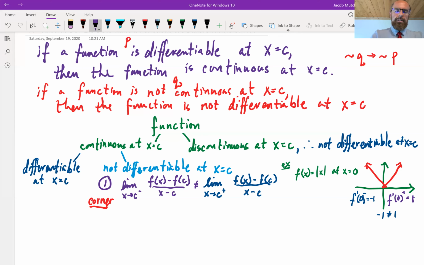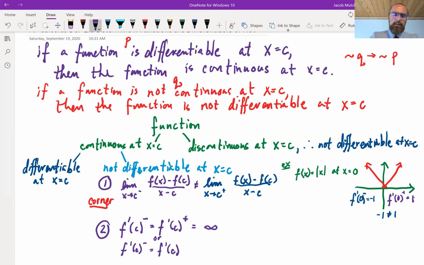Could be that we have some kind of function where both directions, so if I take the limit of the difference quotient, limit of the average rate of change from the left, so f prime of c from the left, if that's the same as f prime of c from the right, and they're both positive infinity, or those two limits of the average rate of change from the left and from the right are both equal, and they have a value of -infinity, what we would say there is that we have a vertical, or in other words, undefined slope tangent line at x equals c.